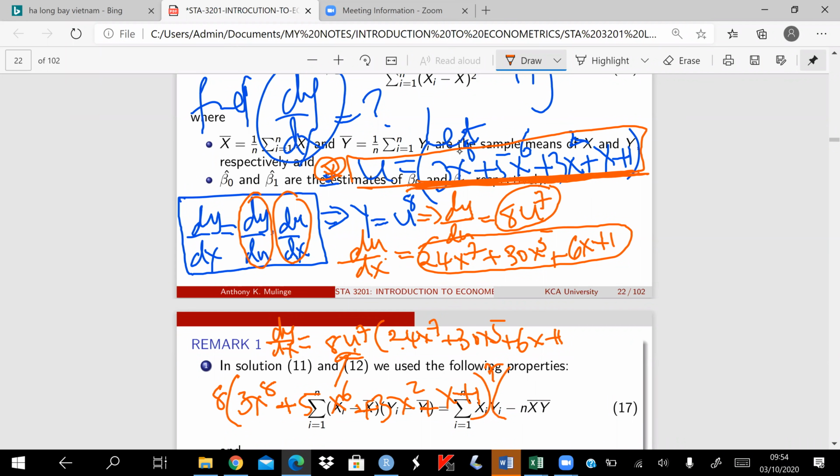Then you have this 24x power 7 plus 30x power 5 plus 6x plus a 1. So that would be the derivative of the given function.